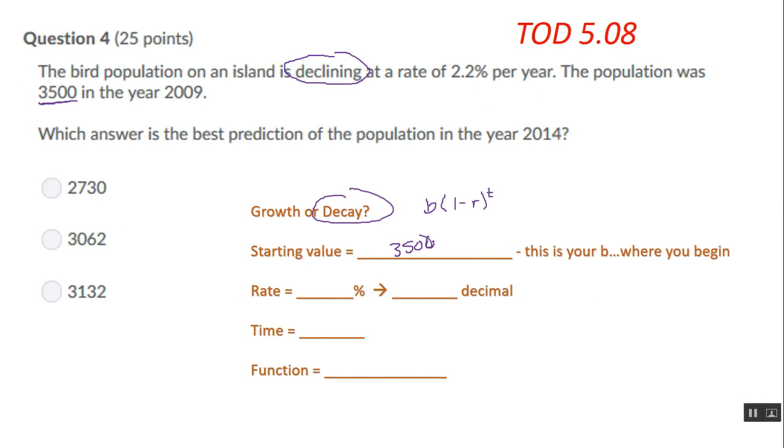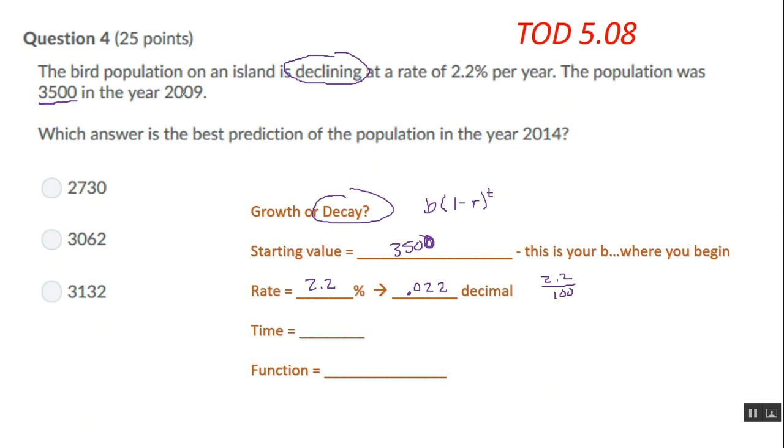That's where we're beginning. Our rate is 2.2%. As a decimal, I just divide that by 100. And I get 0.022. The timeline, this is a little tricky.